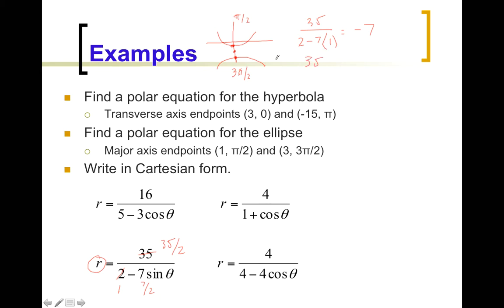And then I'm going to plug in 3 pi halves. Sine of 3 pi halves is -1. So this becomes a +7. And 35 over 9. Well, that's really ugly. But guess what? We're okay with ugly numbers. We better be anyway.